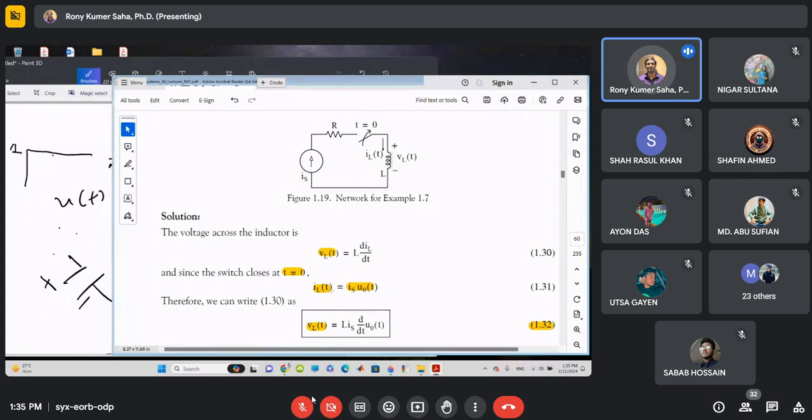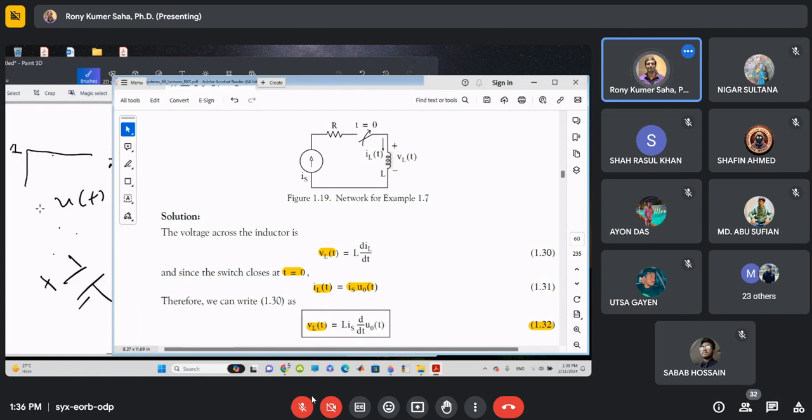So IL of t we can represent. At t equal to 0, just looking at this, you can understand it's a unit step function that starts at t equal to 0 with a magnitude. And it should remain there, because it's a DC current and this is an inductor.